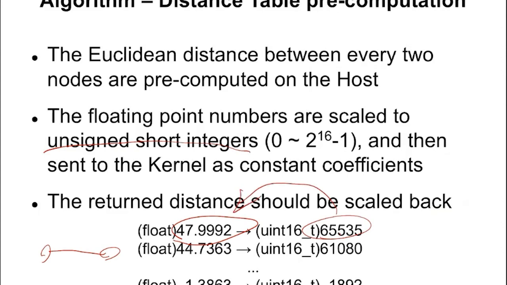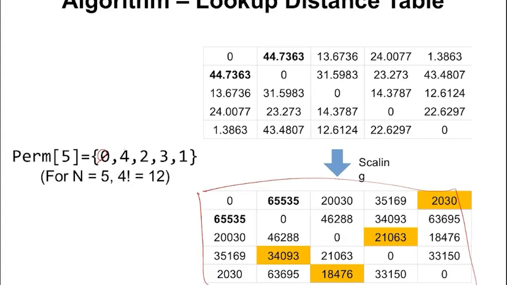So for the permutation vector 0, 4, 2, 3, 1, we can generate the distance by looking up the 0 row, and then we get this distance. And then for 4 to 2, we get this number. From 2 to 3, we get this number.